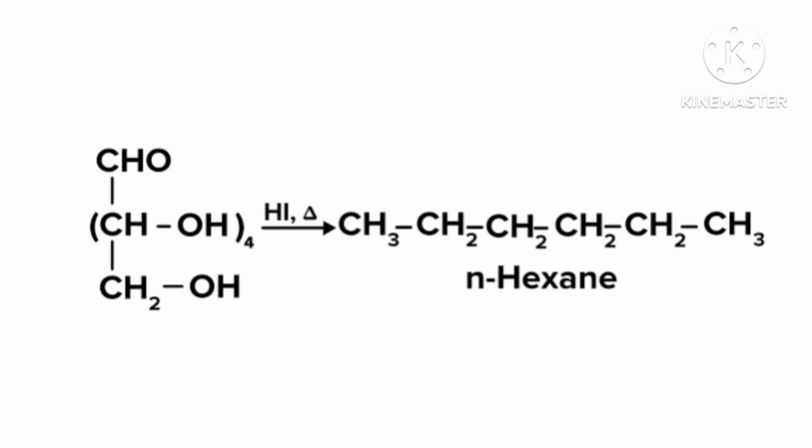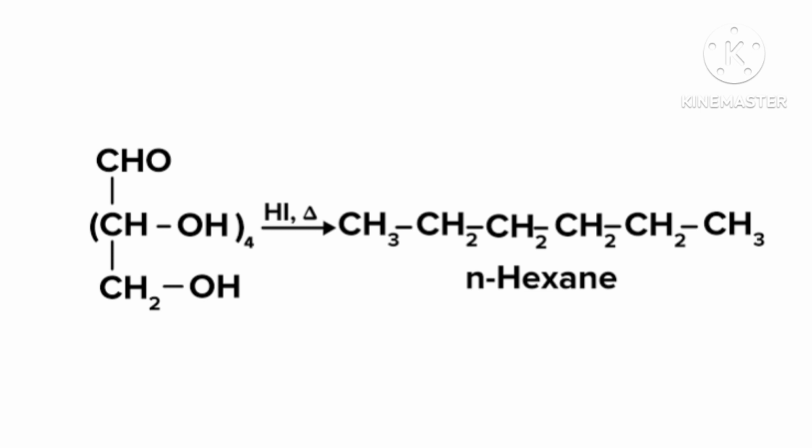Then when this glucose reacts with NH2OH, which gives an oxime, where will the reaction take place? Near CHO. What will the reaction be? The reaction is easy. What will happen?